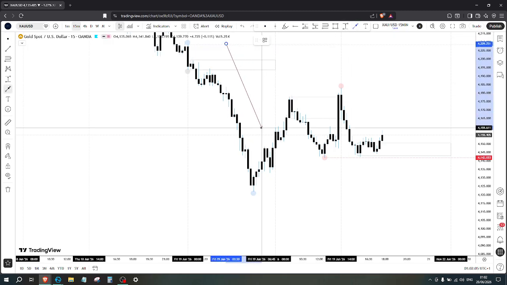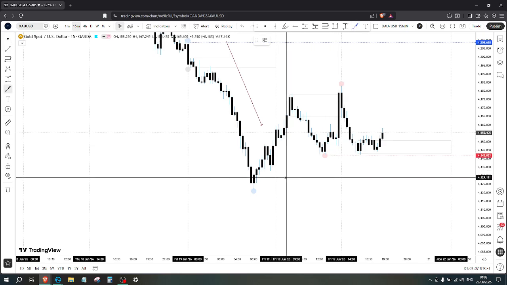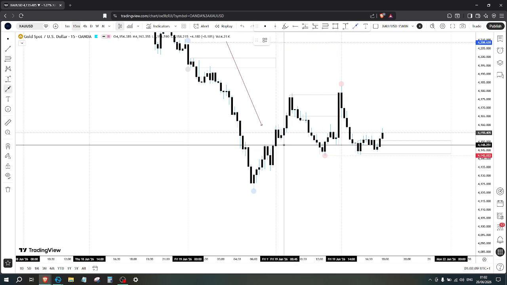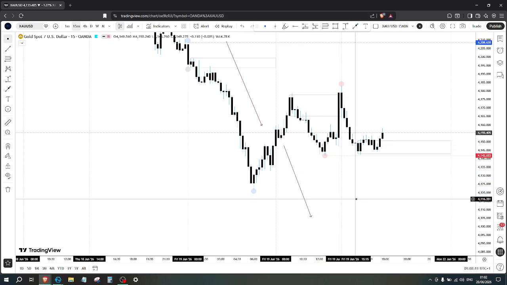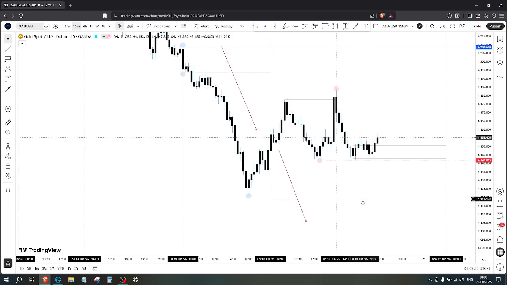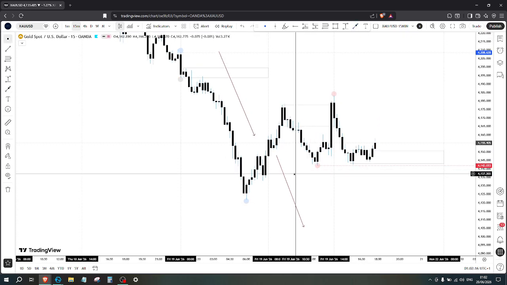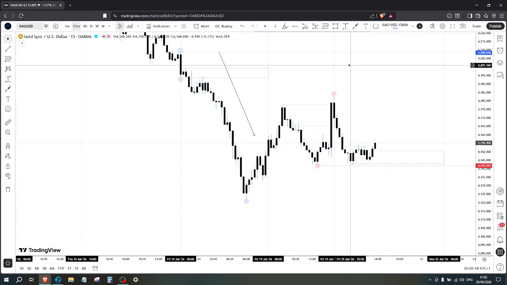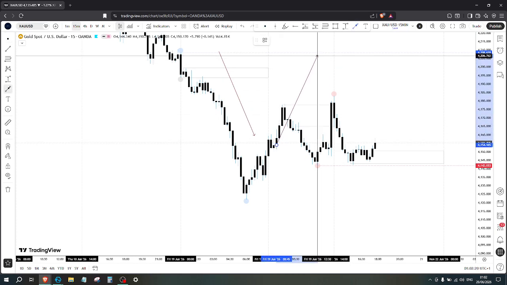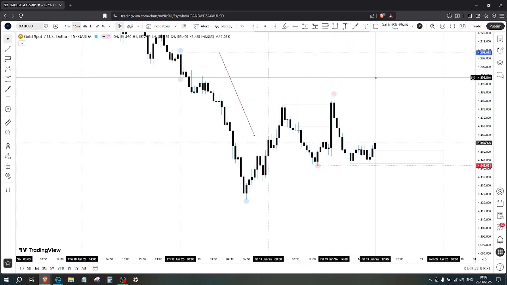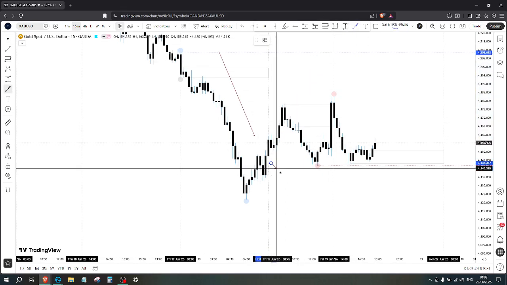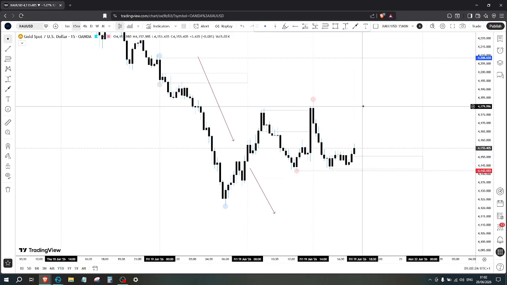So if we have Asia like this, London inventory is this way. The inverse, on the other hand, would be the other way. Discovery is always in the direction of the previous session.